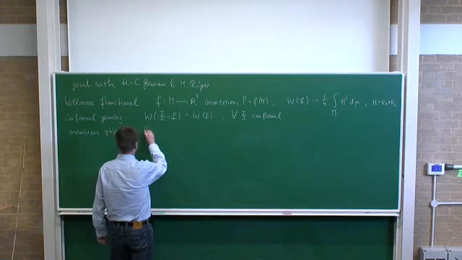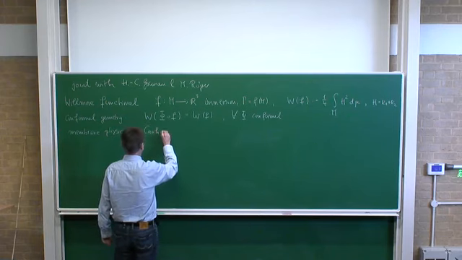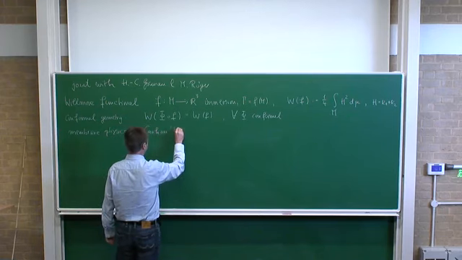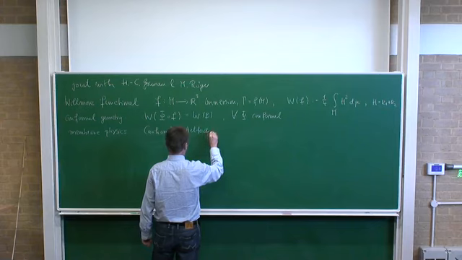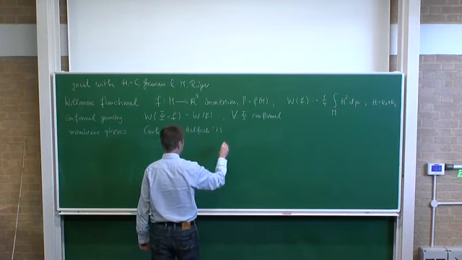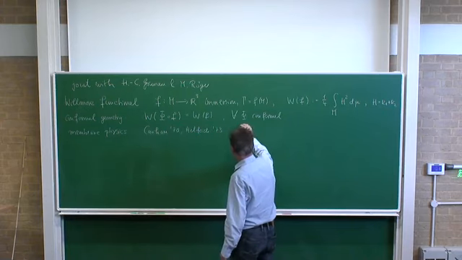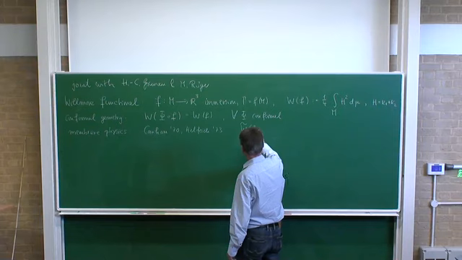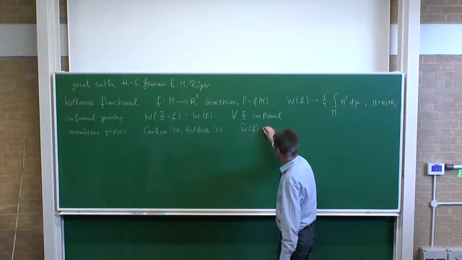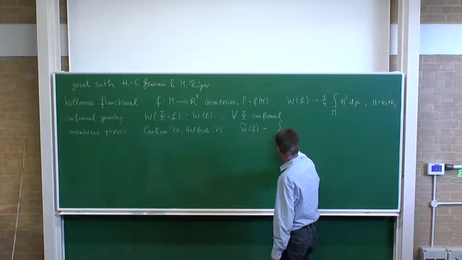This goes back to Canham and Helfrich. This was in 1973. And the generalized functional, also known as the Canham-Helfrich functional, looks like this, and denoted by W tilde. It's got additional terms in it.